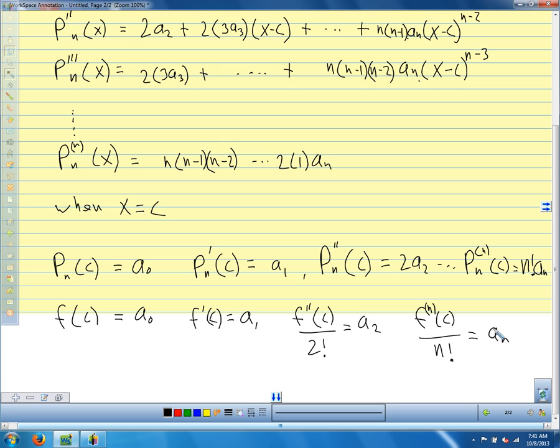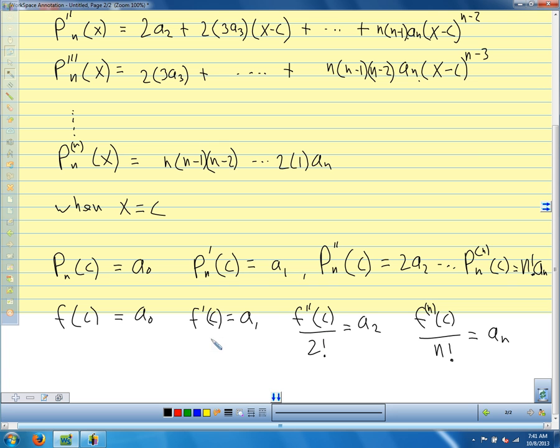Is p sub n double prime at c equal to 2a2, or 2 factorial? 2 factorial is 2. 2 factorial is 2 times 1. So I can write this as 2 factorial. So this gives us a way of determining these constants. Our constants are given by our function evaluated at c, and we divide by these factorials.